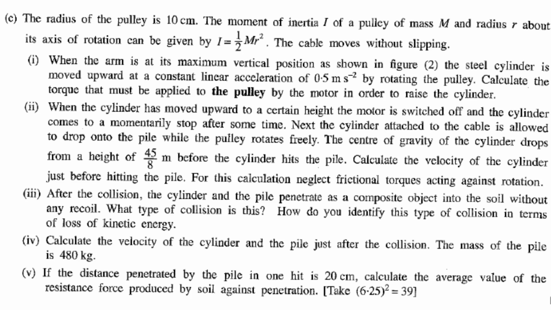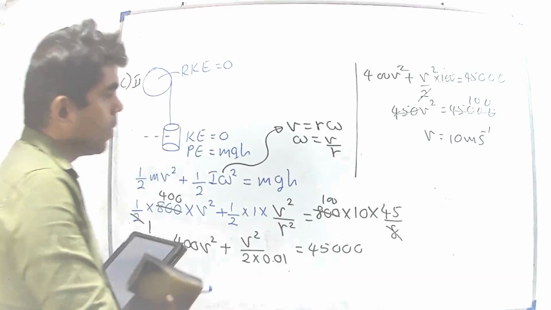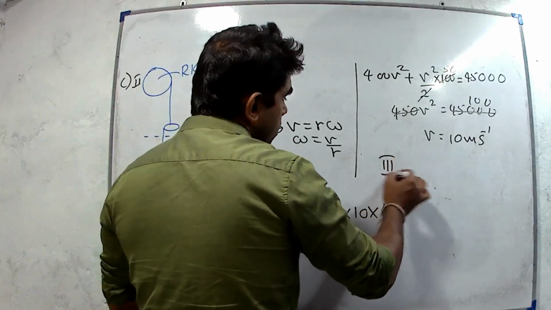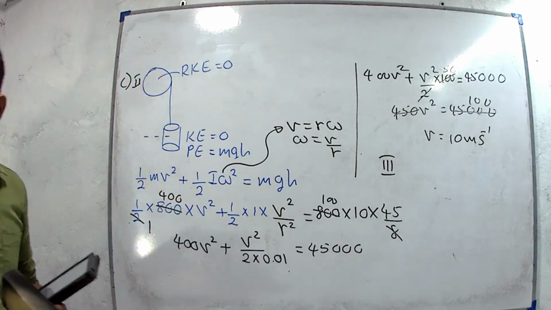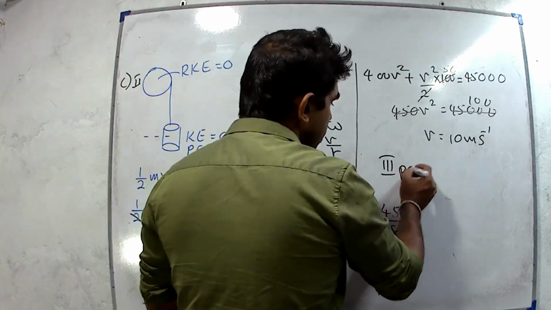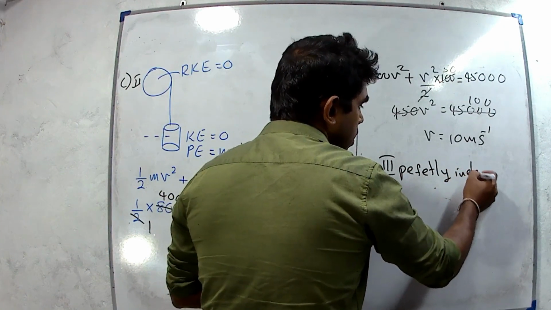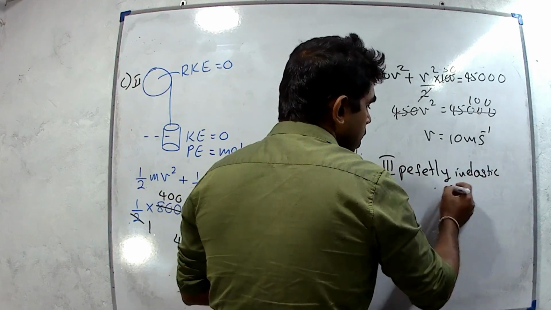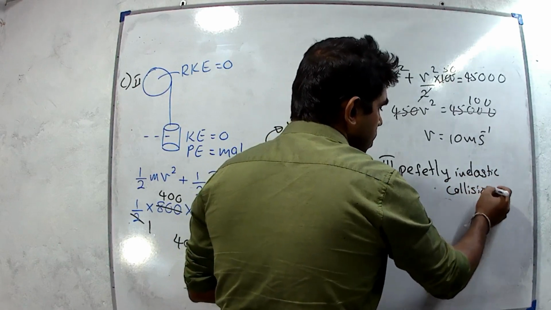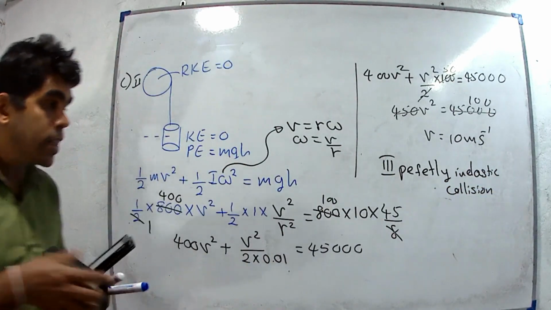Both objects are moving as one composite object. It is a perfectly inelastic collision, because the objects are combined.